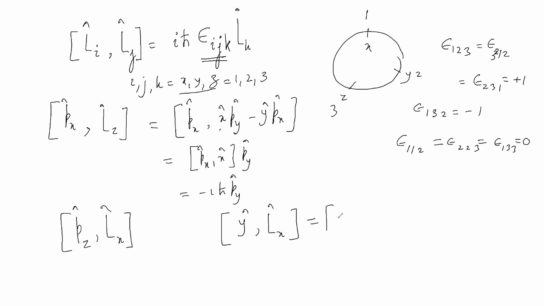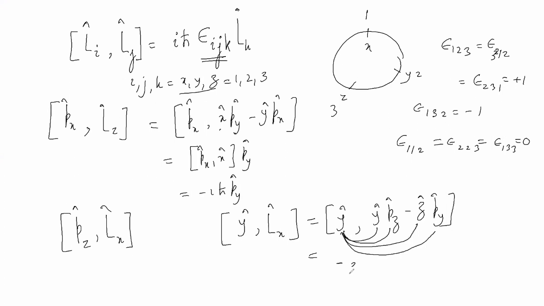This will be equal to ypz minus zpy, and this will be 0, 0, 0, and ypy is only going to contribute, that means minus zypy, and that will be equal to minus iħ cross.